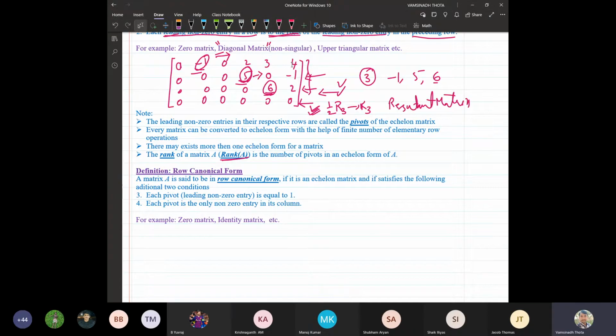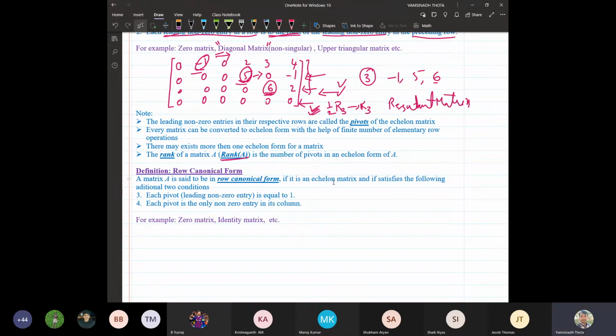That comes as E2. E2 means elementary row operation 2, multiplying a given row with a non-zero scalar. If you apply E2, then all the leading entries will become 1. So from the echelon form, we will divide by the pivot element and make all the pivot elements 1.